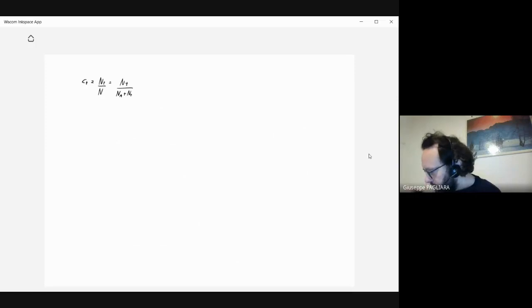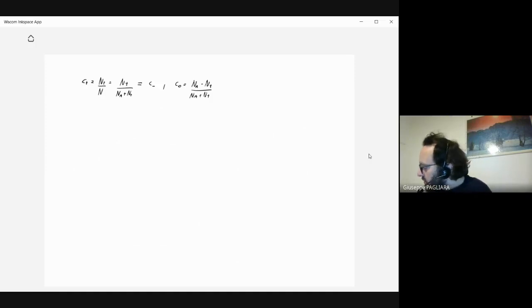So therefore, this concentration is actually equal to C minus. Then C0, which is the concentration of neutral atoms, is given by Na minus n plus divided by Na plus n plus.